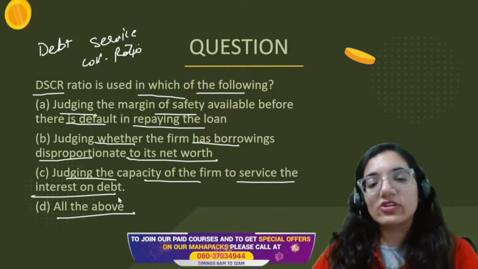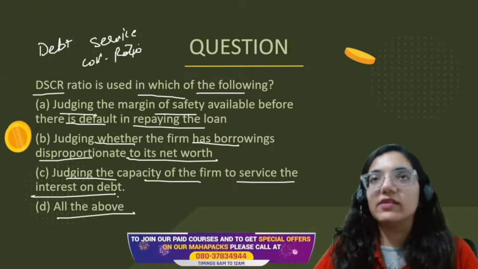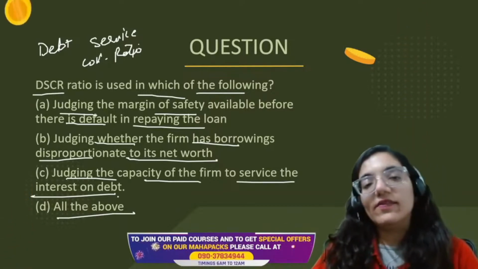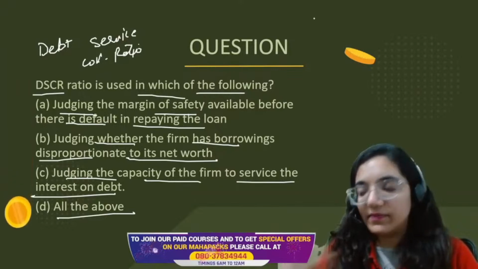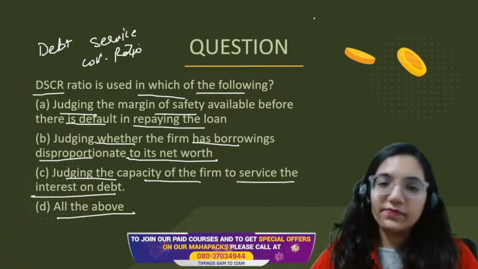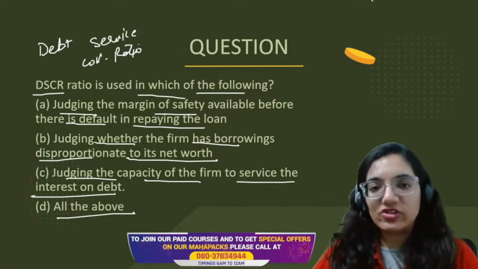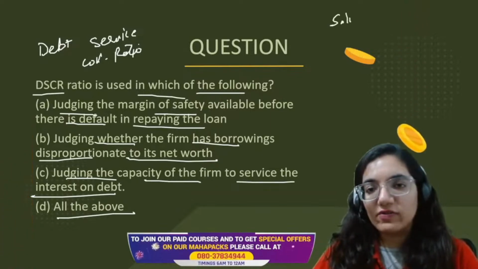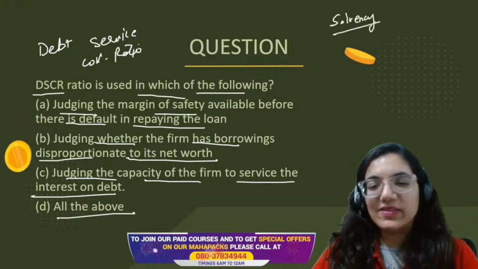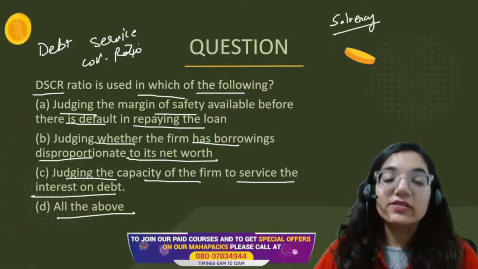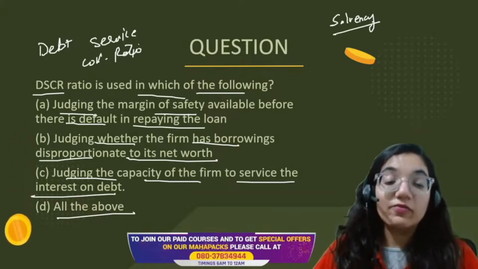This particular ratio is a very judgmental ratio. As I told you, these are basically interest coverage ratio, debt service coverage ratio. These are covered under solvency only. But see, these ratios are so judgmental that whether you can pay back or not, is it worth it to give you money or not, they talk about this.